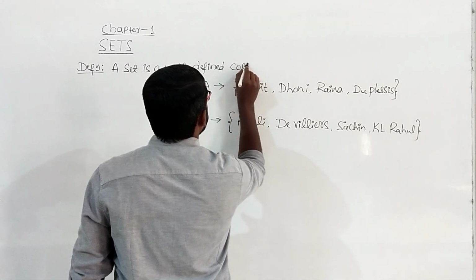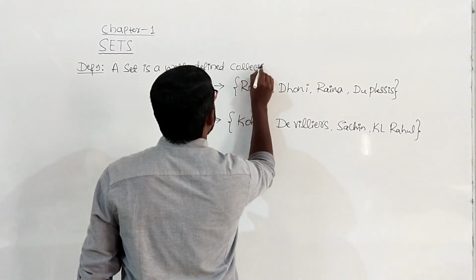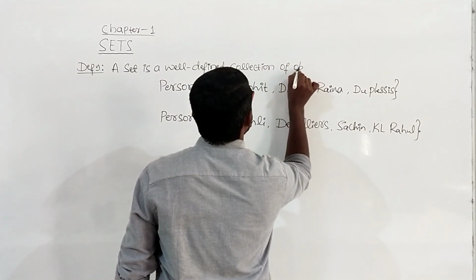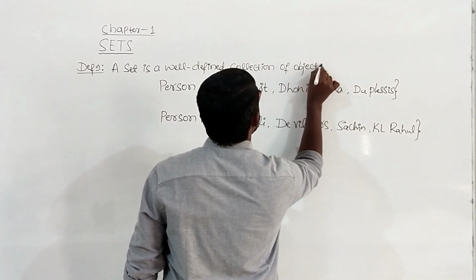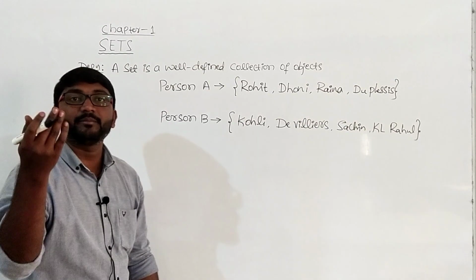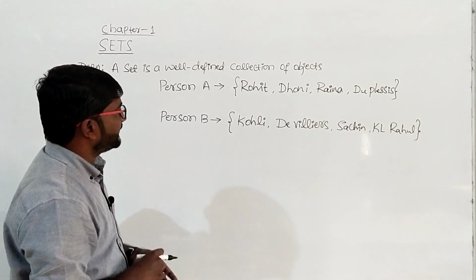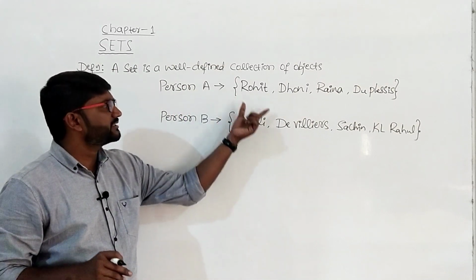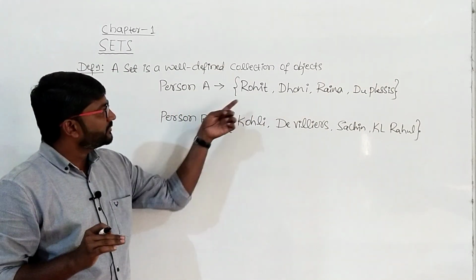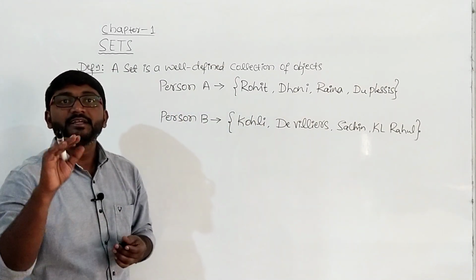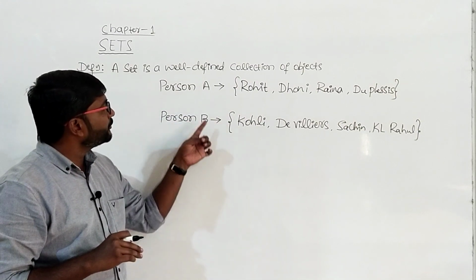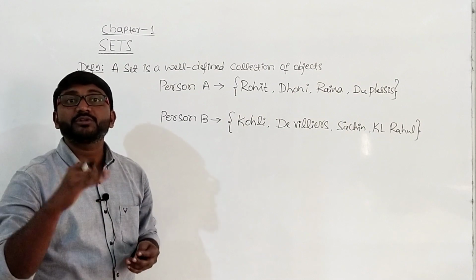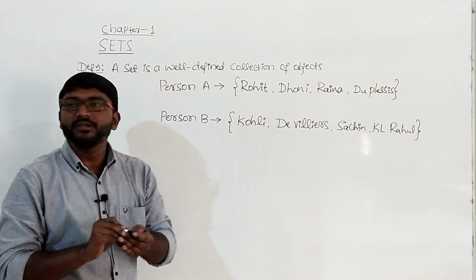A set is a well-defined collection of objects, or the elements or the members, all are the same. Don't write these two examples; I have just given them to understand. They are not well defined because they change from person A to person B. If you list the collection of objects, it should never change from person to person.